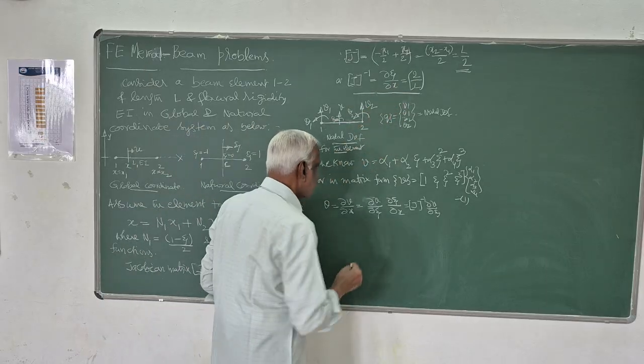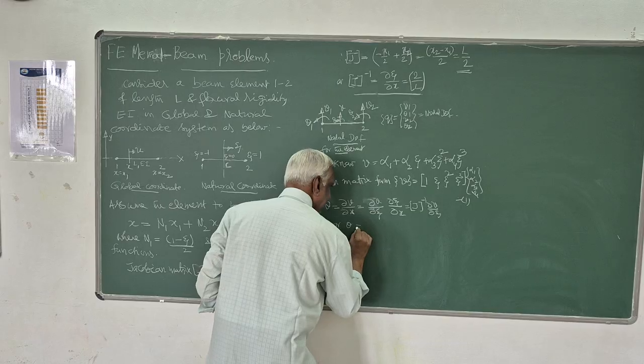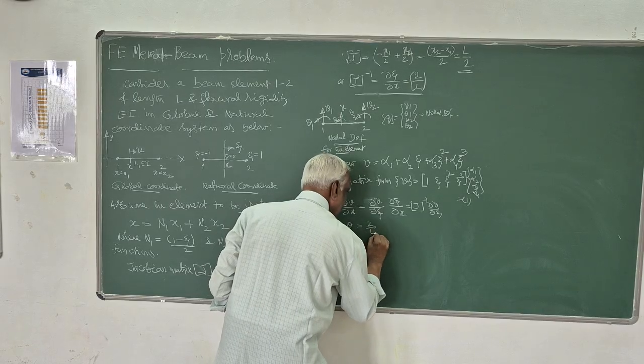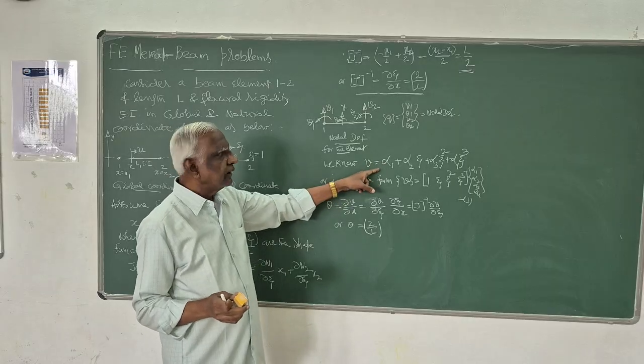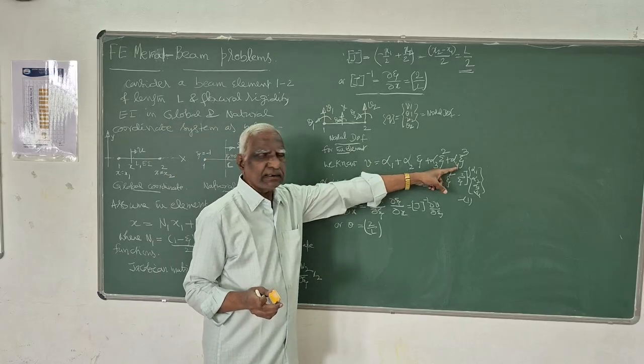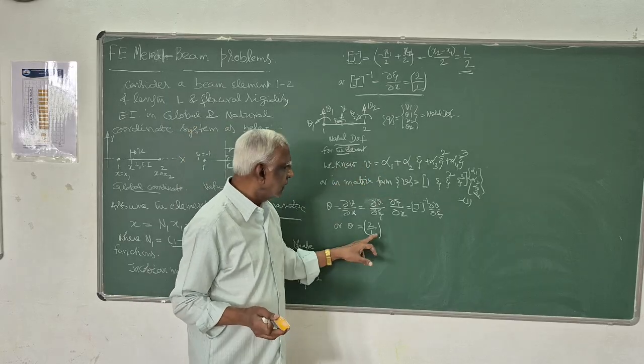Jacobian inverse is 2 by L, so theta you can write as 2 by L into delta V by delta xi. V you have represented like that. So now you can differentiate partially with respect to xi.